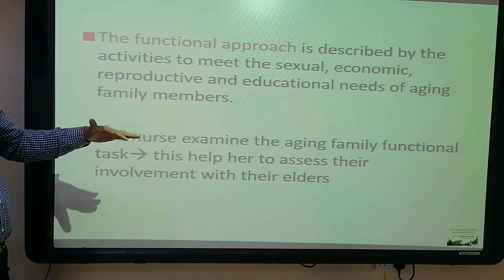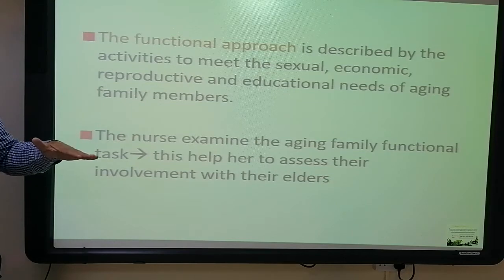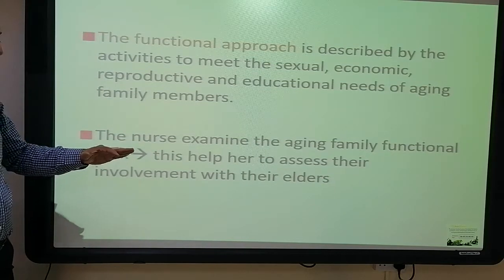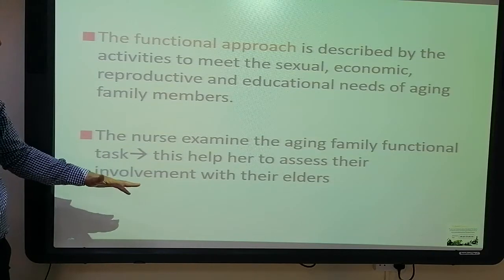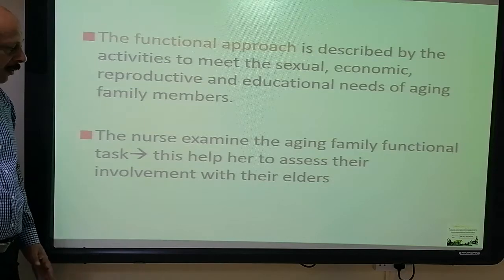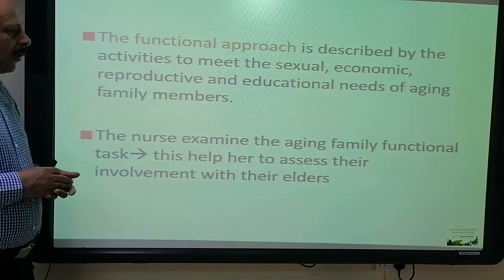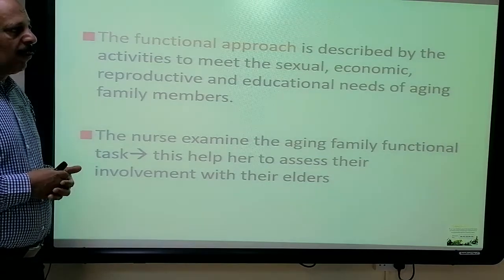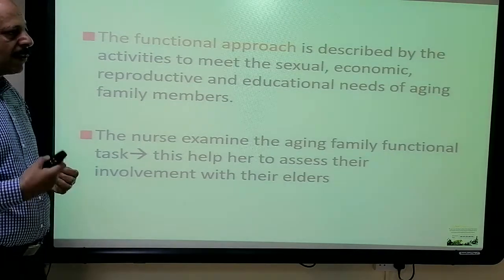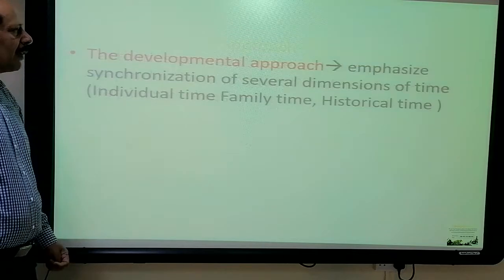The nurse examines the aging family's functional tasks. This helps her to assess their involvement with their older person. So they will check the demand for care of the older person, and who is the caregiver, how they can provide the care for them.